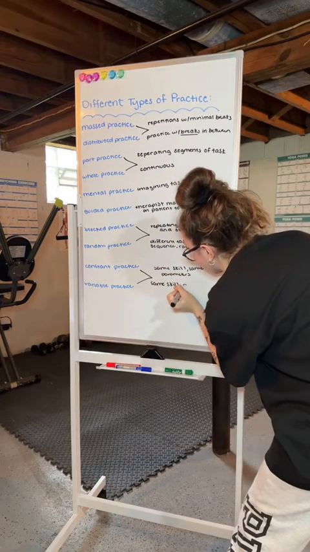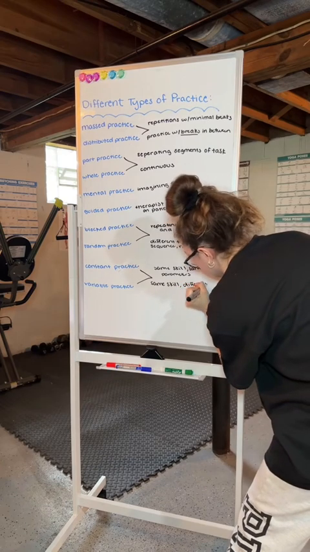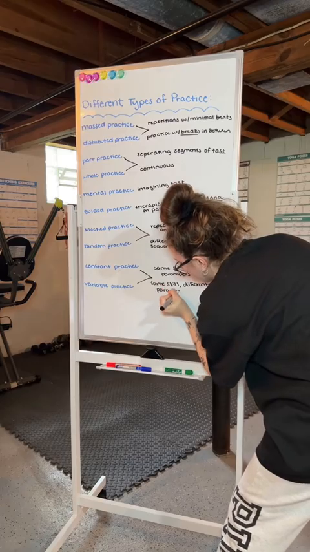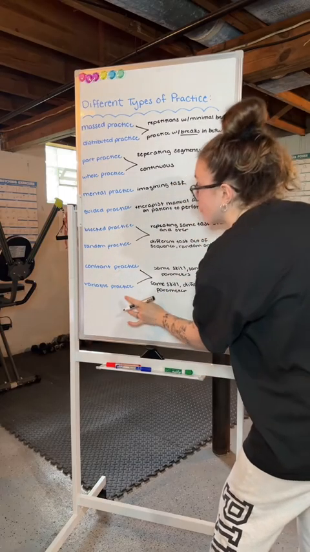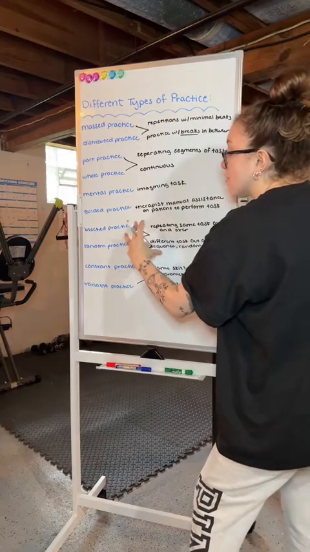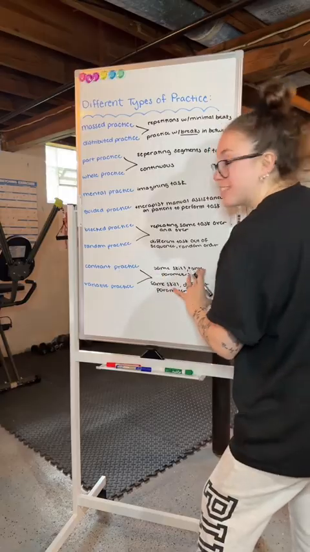Same skill, different parameters. Now, this is not to be confused with blocked and random practice, because in blocked and random practice, we have different skills, same parameters. Here, we have our same skills, different parameters.